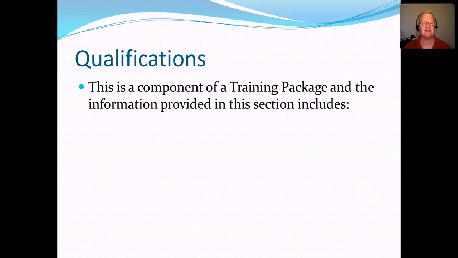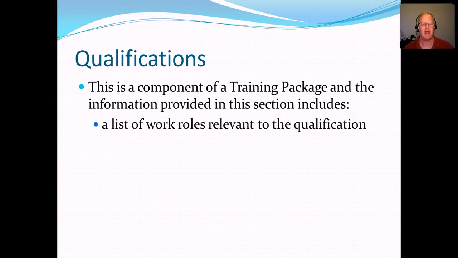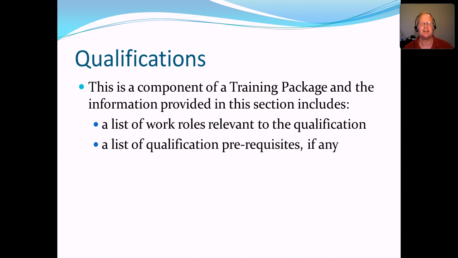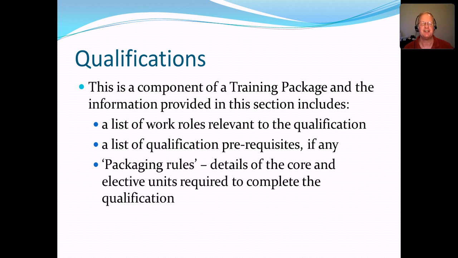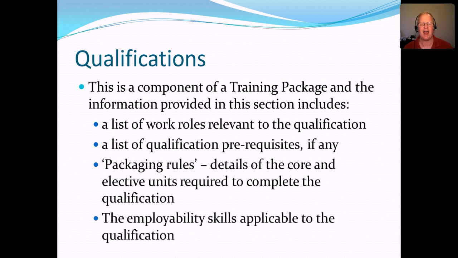The qualification is a component of a training package, and the information provided in this section includes a list of work roles relevant to the qualification, a list of qualification prerequisites, if any, the packaging rule details of the core and elective units of competency required to complete the qualification, and then finally the employability skills applicable to the qualification.